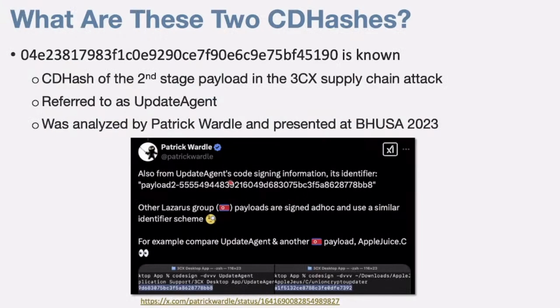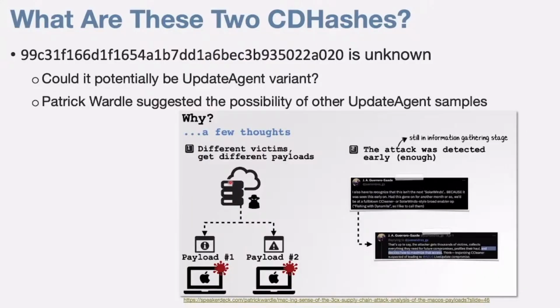The first CD hash is a known one. This is a second stage payload using the 3CX supply chain attack, commonly referred to as update agent. This sample was analyzed by Patrick Wardle and presented at Black Hat USA two years ago. The second CD hash remains unknown, but it's likely a variant of update agent. As far as I know, only one version of update agent has been publicly documented.